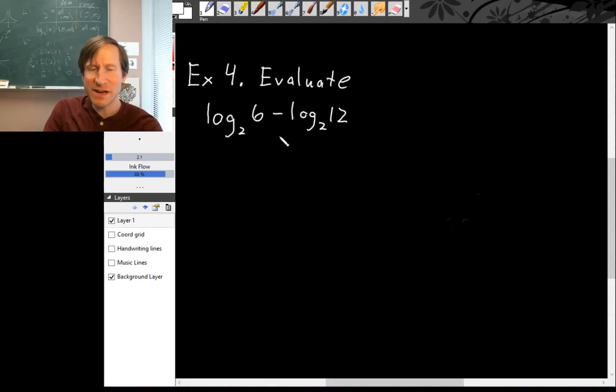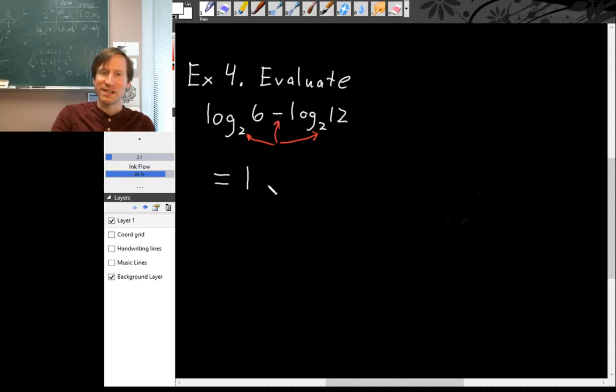But since we have a difference of two logarithms, and these logarithms have the same base, we can use the quotient to difference property of logarithms. So a difference outside is the same as a quotient inside. So we can write this as log base 2 of 6 divided by 12.